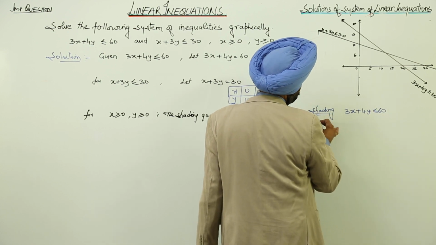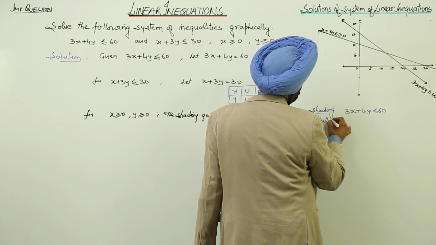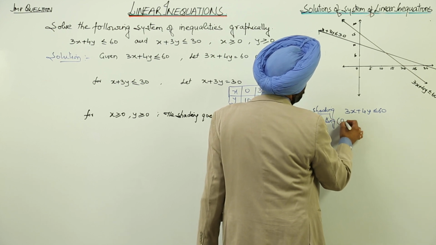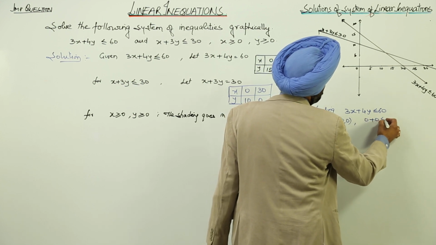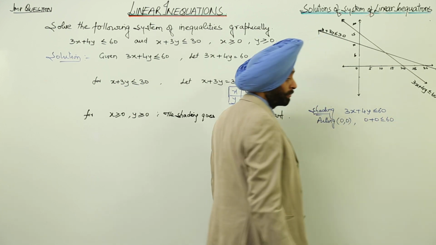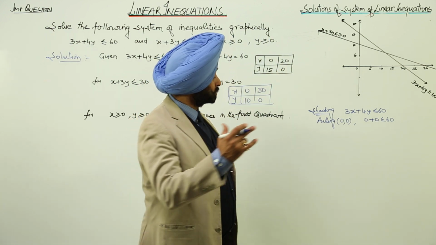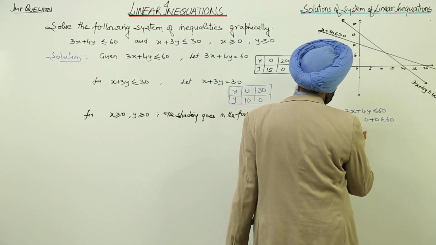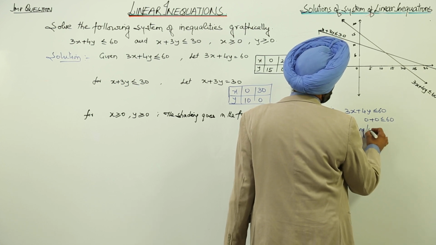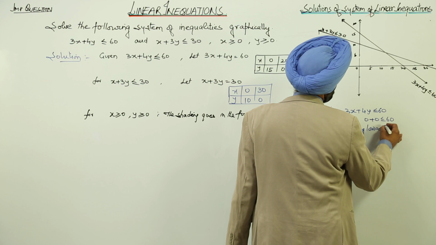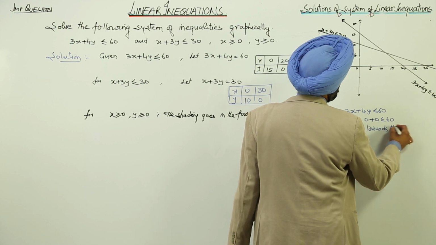Now putting arbitrary point 0, 0: 0 plus 0 is less than or equal to 60. So shading towards the origin.